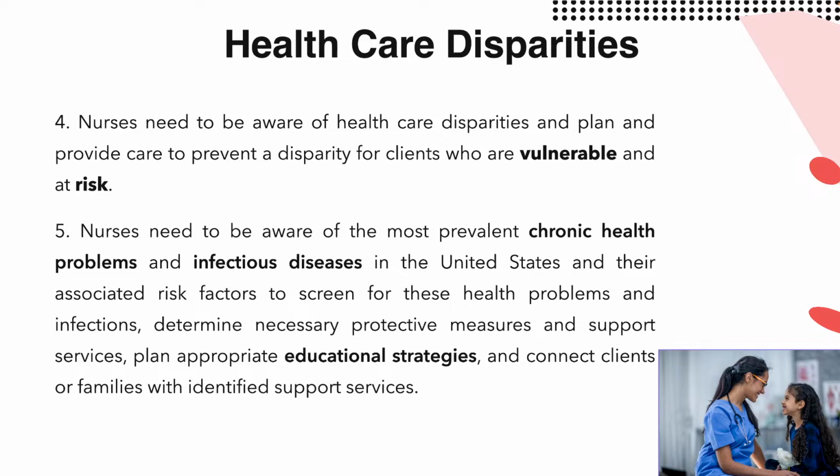Okay, so plan appropriate education strategies and connect clients or families with the identified support services. Remember, you are going to be an advocate for your clients, so you need to be aware of where those resources are and how to get them, right?